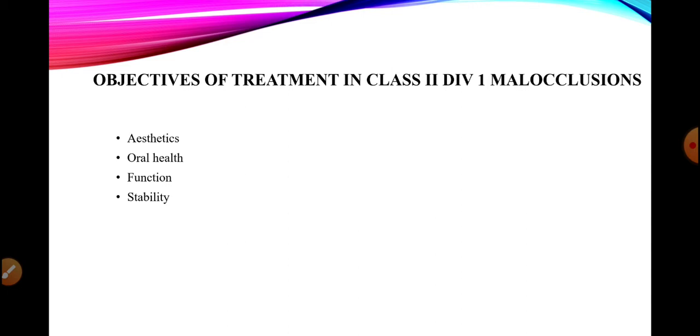Today, we will be discussing the objectives that should be considered while treatment planning of class 2 division 1 malocclusion. Like all the other orthodontic cases, these are the following objectives that need to be considered before planning the treatment for class 2 division 1 malocclusion as well. Number one, aesthetics.